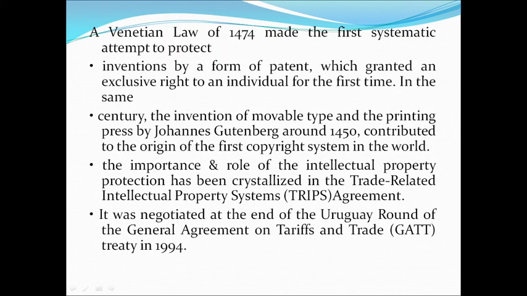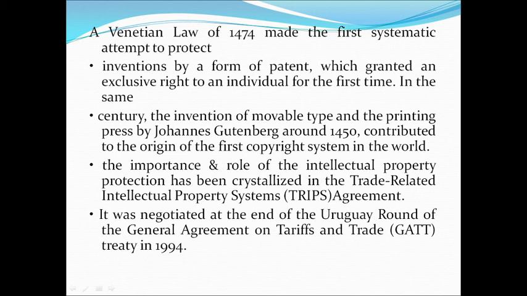According to the Venetian law of 1474, the first systematic attempt was made to protect inventions in the form of a patent, which granted an exclusive right to an individual for the first time.